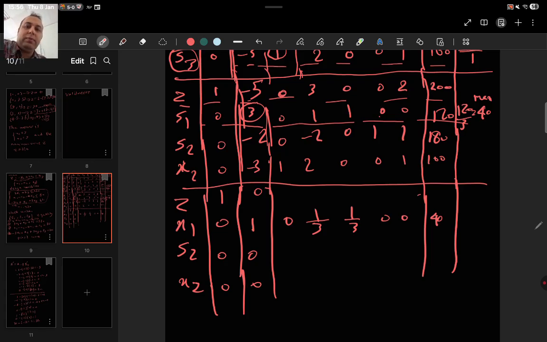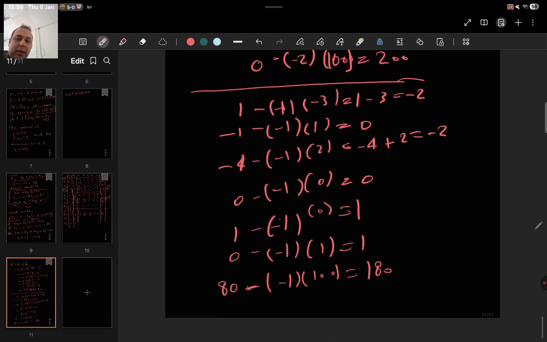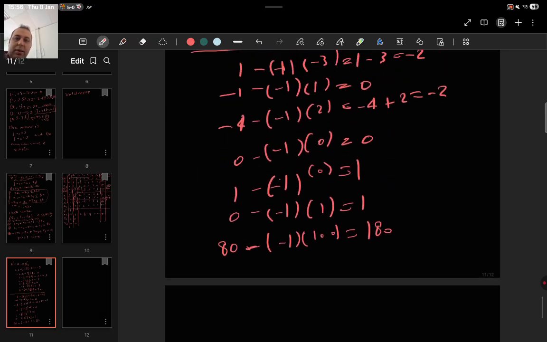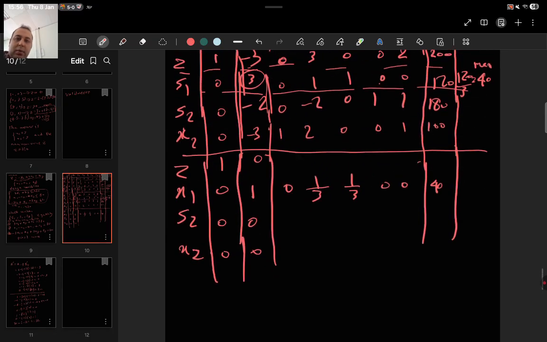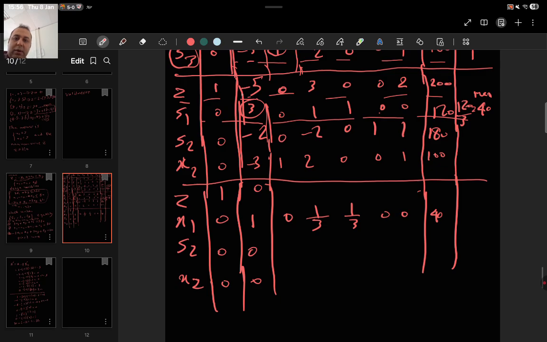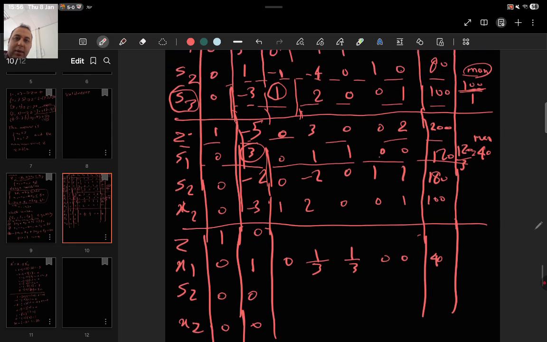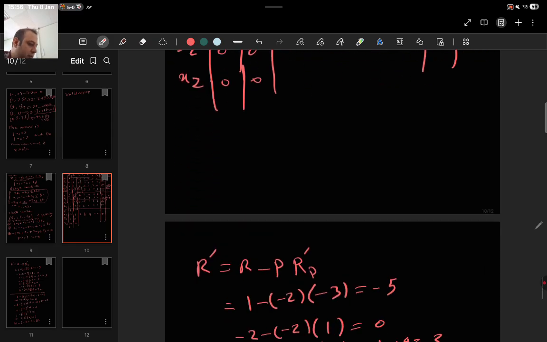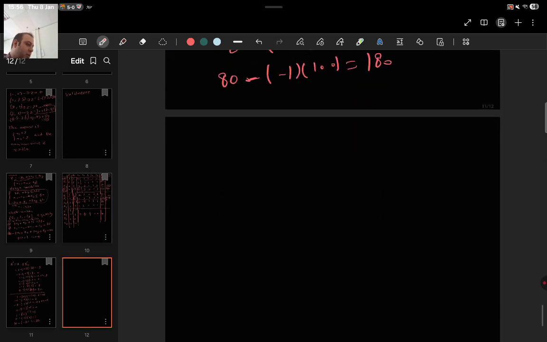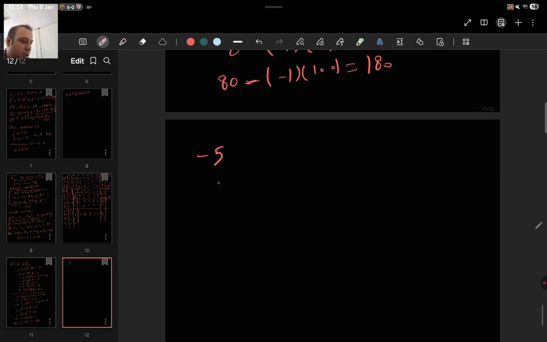How to make 0? Again, we have to apply the same procedure. So what's the pivot value for z? Minus 5. Okay, we write down minus 5, 0, 3, 0, 0, 2, 200.